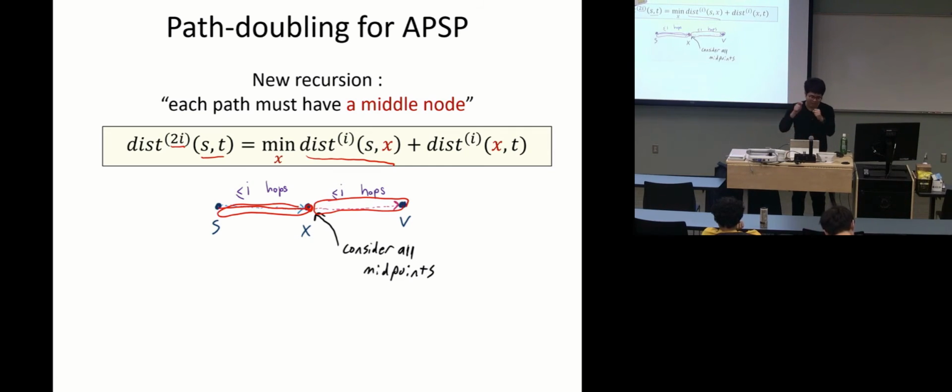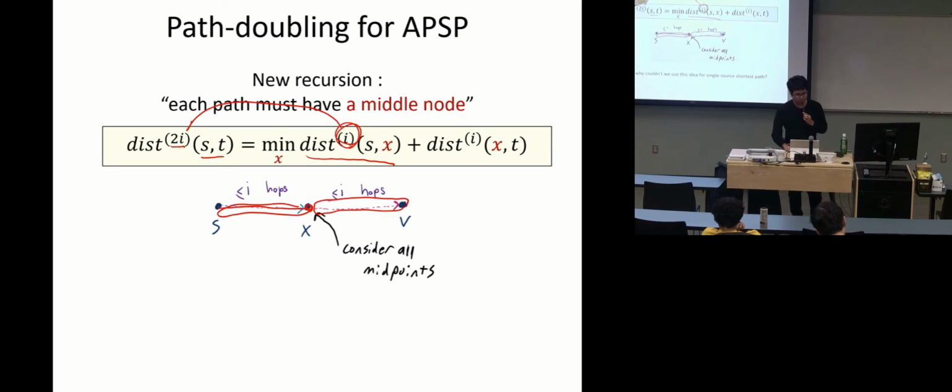One of the x will hit the middle point of the shortest path. So that's how you get this recursive formulation, such that now i just doubles each time you do a recursion instead of incrementing by just one. So that's a nice progress, right? It just jumps by a factor of 2.